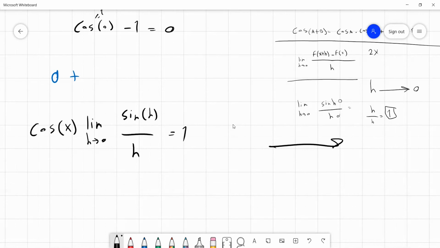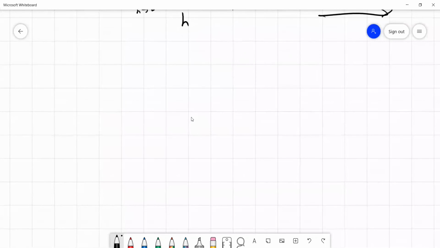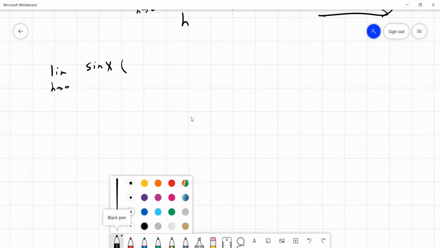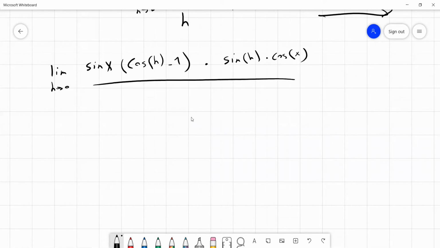All right, fine. So what do we have? It looks like a little bit of a Frankenstein's result. It's everywhere. Okay, so if I just rewrite it quickly, we would have the limit of h as it approaches 0 of sine x times cosine h minus 1, times sine h times cosine x, divided by h.